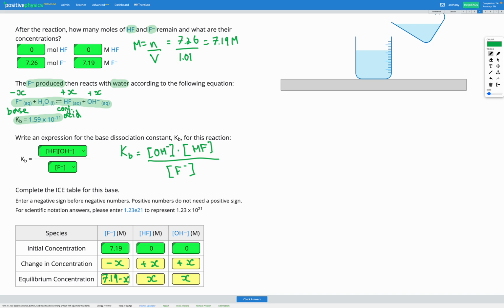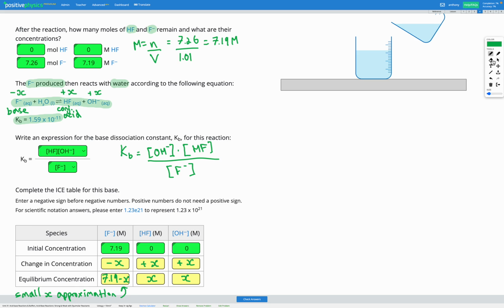Now we're also going to use the small x approximation. Remember, when X is really small, which it's going to be because we have a really small Kb here, the result is that when we subtract or add that X to a big number like 7.19, it's not going to have any effect on that number because it's so small that when we add it, we're going to get exactly the same number to three significant figures.